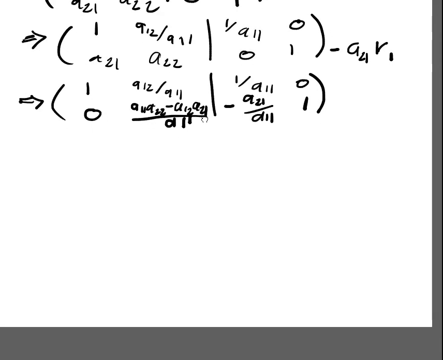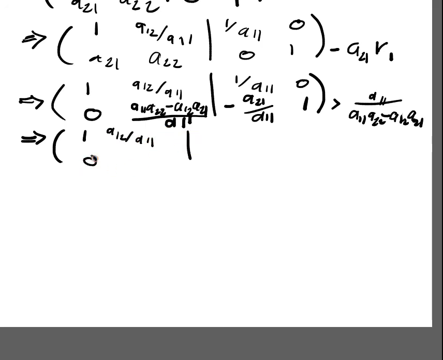So the next thing is, we want to turn this pivot into 1. So we're going to multiply this by A11 over (A11 A22 minus A12 A21). And remember, we could only do this if this was non-zero. So what do we get? We get 1, A12 over A11.